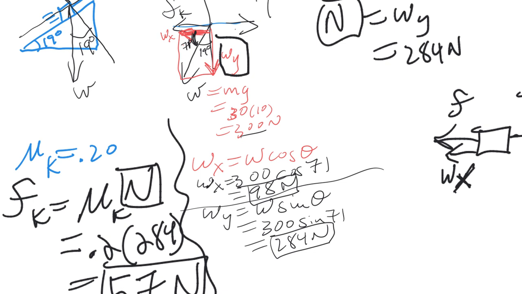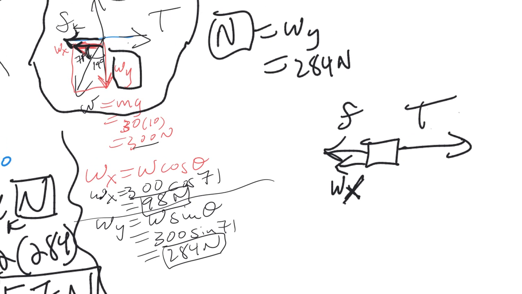So look at this picture right here, and you can see that. Okay. So we have Wx and Fk both going to the left, two separate forces. Fk and Wx.